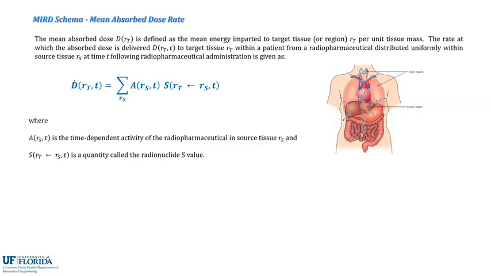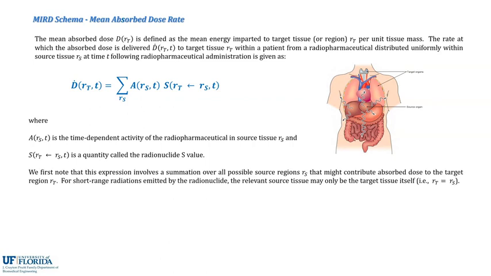A of t is the time-dependent activity of the radiopharmaceutical in the source tissue. The S value is another quantity that is multiplied by that activity to get us a dose rate. The first thing we note is that the summation is over all possible source regions that may contribute to the absorbed dose to the target region.